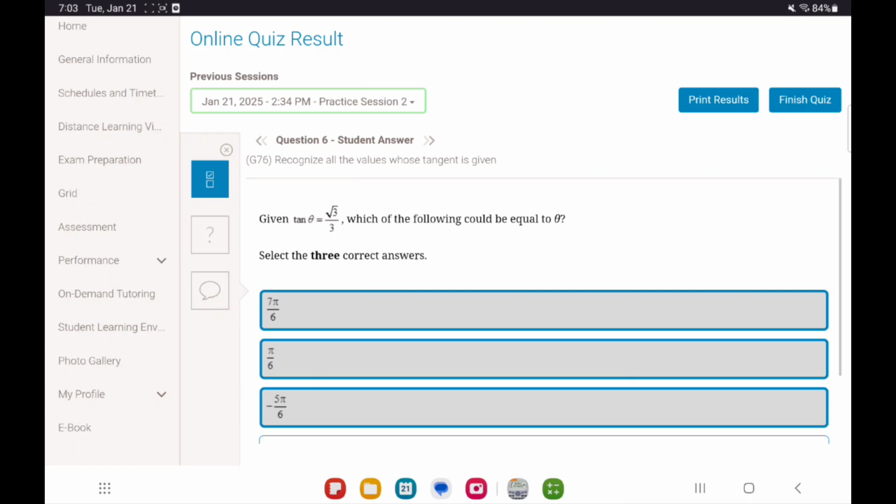Now let's go to question 6. Question 6 is literally the same concept, but the only difference is it's with tan. So 7 radical over 6 times 180 over pi.